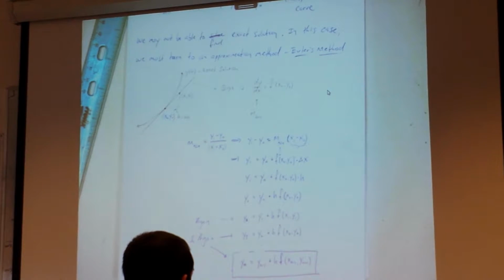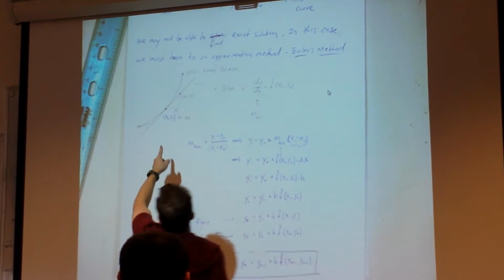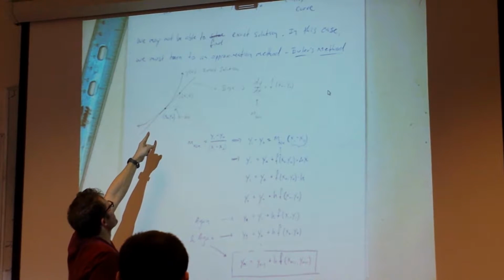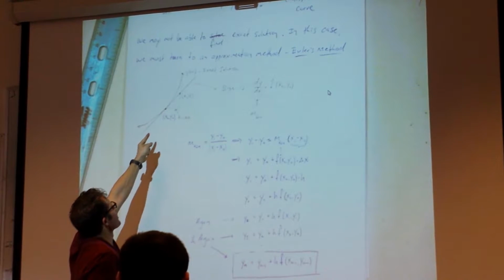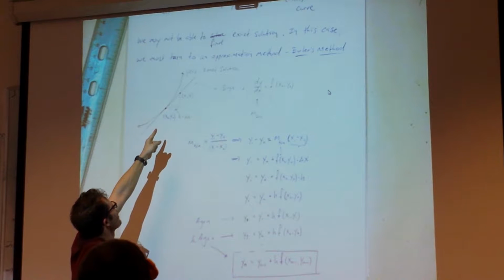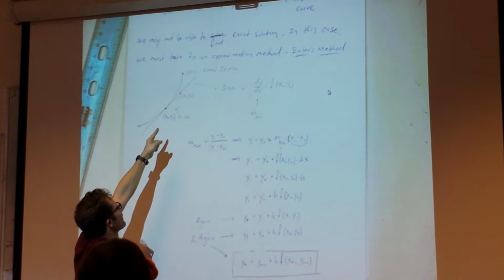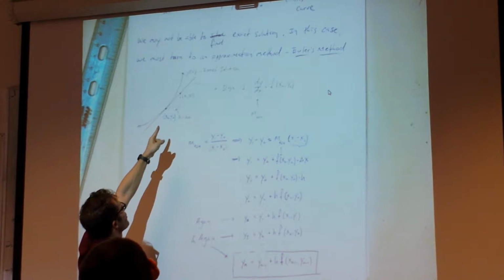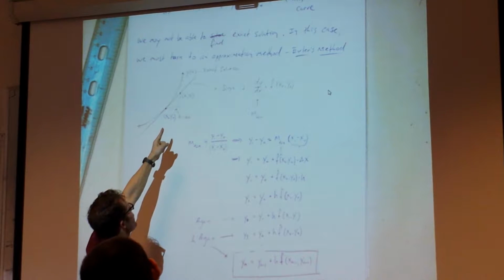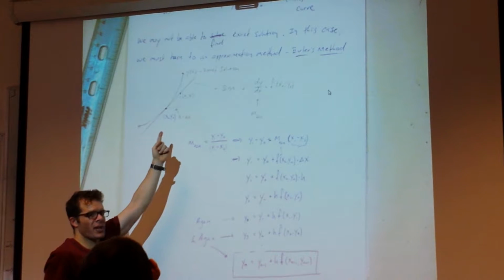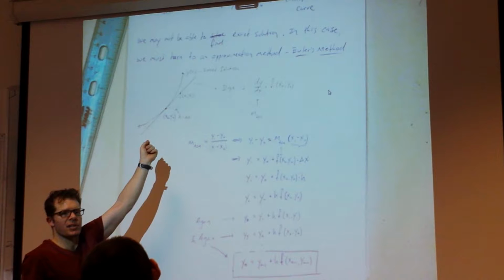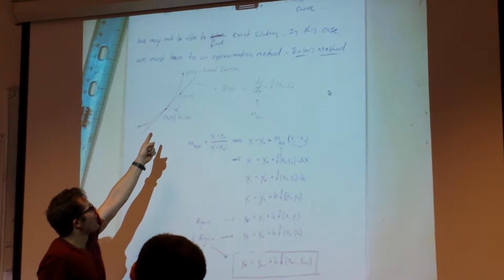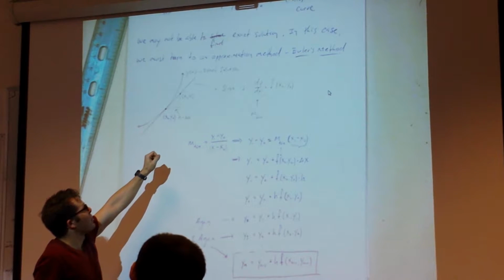Now, as you can see, there's going to be some error involved, because if I go some distance along the tangent line, I probably won't land on the exact solution curve. I find my y0, recalculate the slope of the tangent line there, and go off in the slope field at that slope some small distance again. So there's going to be some error involved. That's why this is an approximation technique.